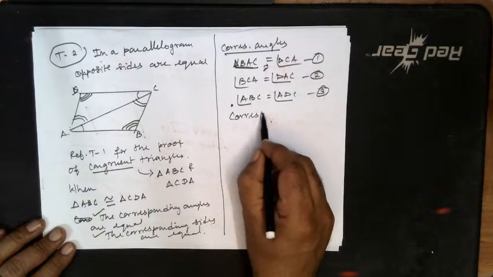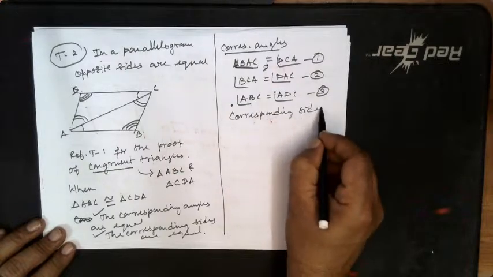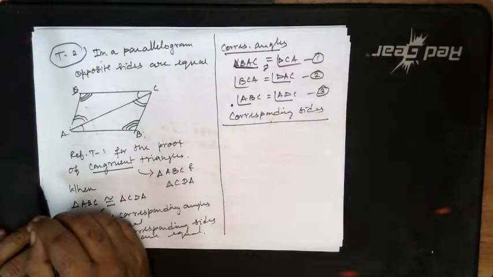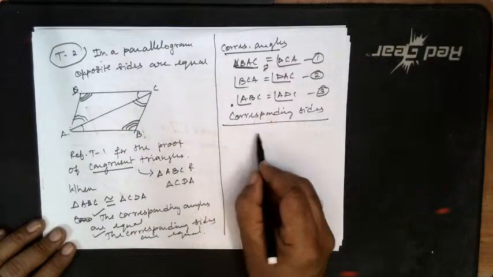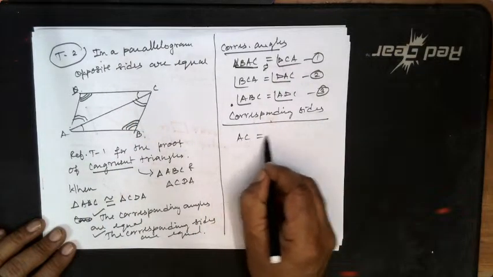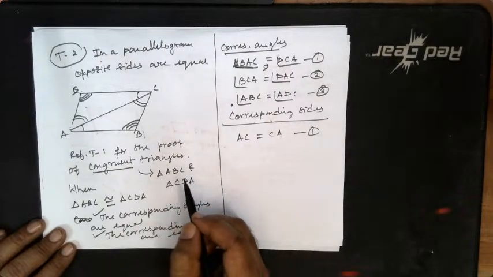Corresponding sides. What are the corresponding sides? First, let us have this AC. Is it not? So AC is equal to CA. This is one set of corresponding sides.